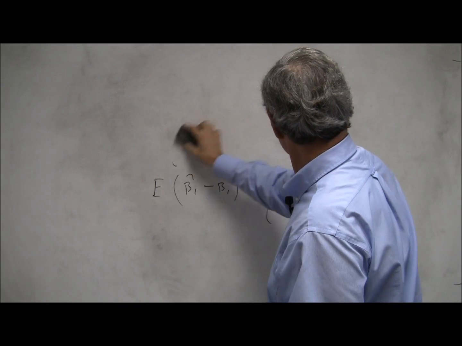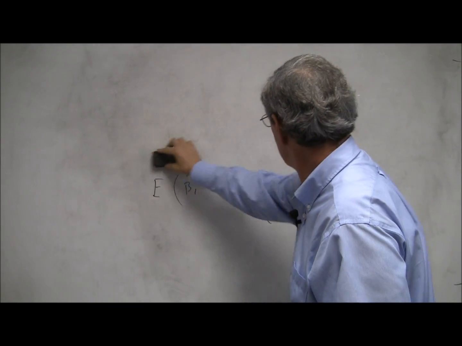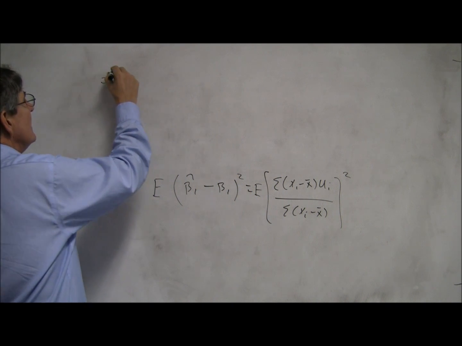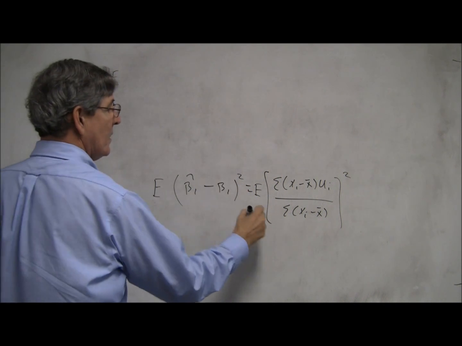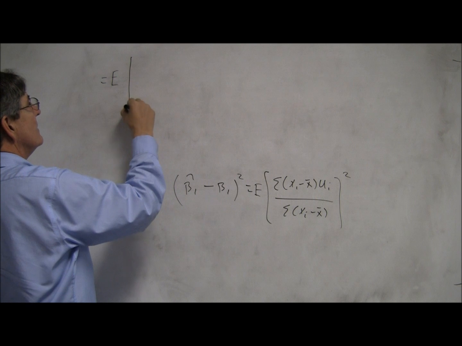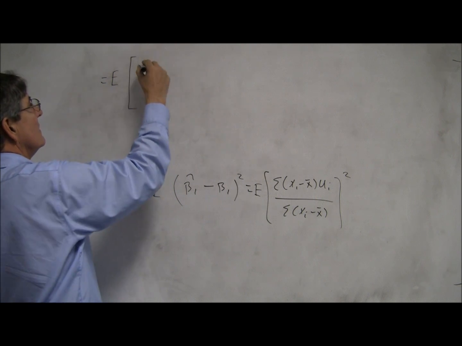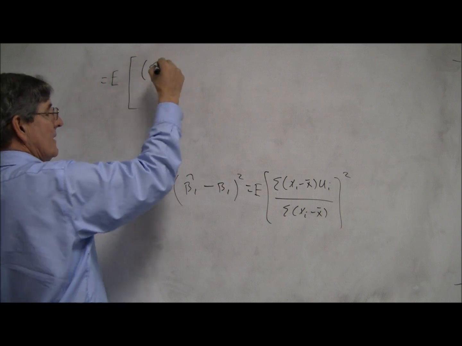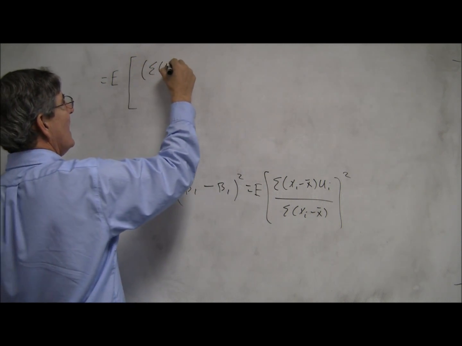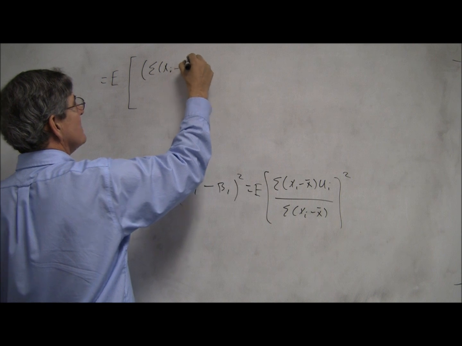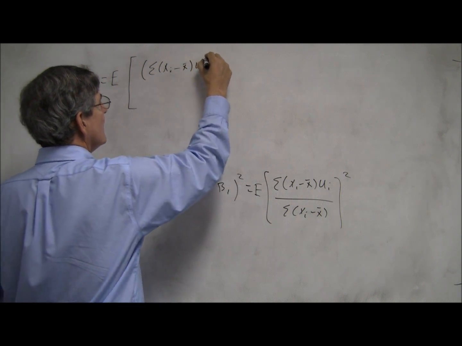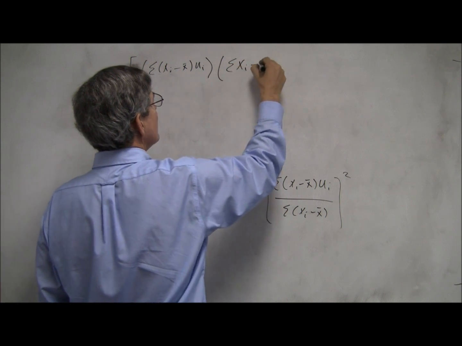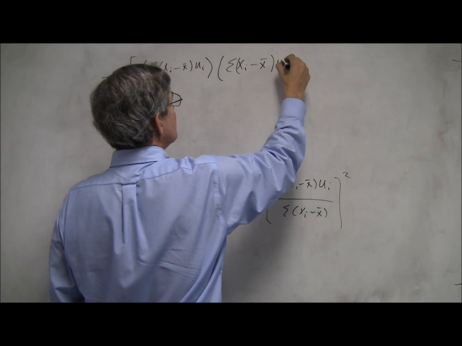So let me just work with this last line here. That's equal to the expected value of the sum of the xi minus x bar times ui, times the sum of the xi minus x bar times ui.